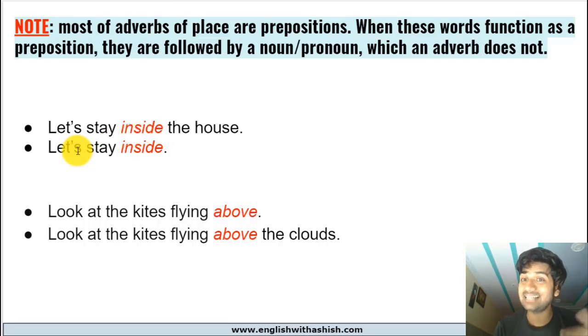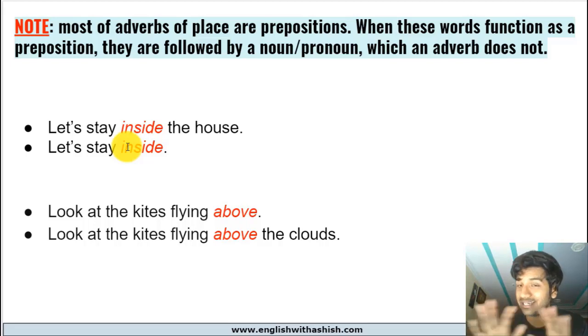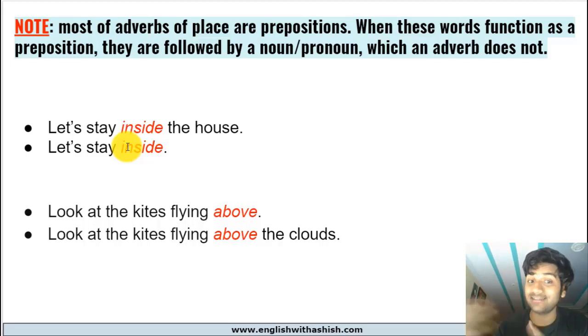If I want to use it as an adverb, I'll have to use it alone. Let's stay inside. So the noun that comes after is already understood. I don't have to say let's stay inside the house. If I say let's stay inside the house, now it's working as a preposition. If I say let's stay inside, now it's working as an adverb, right?